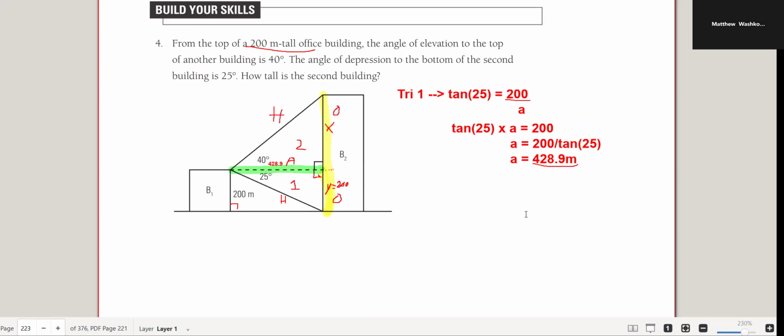OA, it's tangent again. Tangent of 40 degrees is equal to my opposite, which is what I'm trying to find, x, divided by my adjacent, which is 428.9. So times both sides by 428.9, tangent of 40 times 428.9 is equal to my answer in this case.